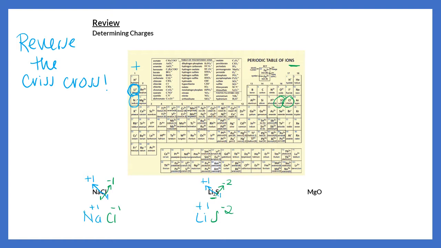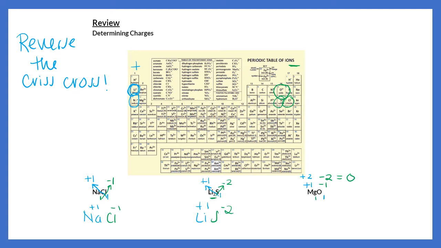And lastly, let's do magnesium oxide. So right now, magnesium has 1 and oxygen has 1. So it would seem that magnesium would take a +1 charge and oxygen would take a -1 charge. However, if we look at the periodic table, oxygen takes a -2 charge. We want an overall charge of 0, which means that magnesium will also want to take a +2 charge because 2 minus 2 makes 0.